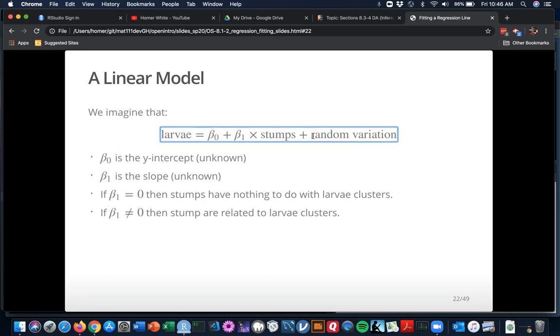There's always chance variation that comes in. But if there's no relationship with stumps, that beta 1 would be a 0. On the other hand, if the slope of this little line here is not a 0, then the stump variable is related to the number of larvae clusters.